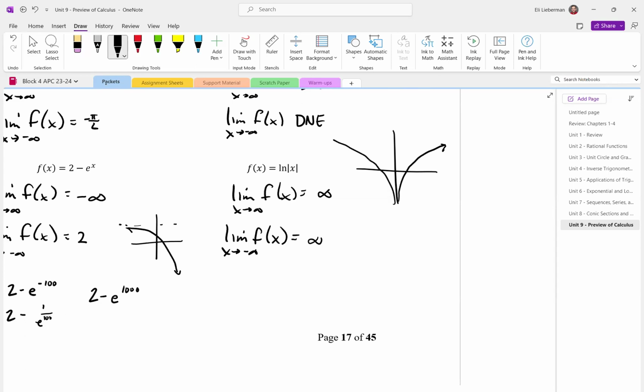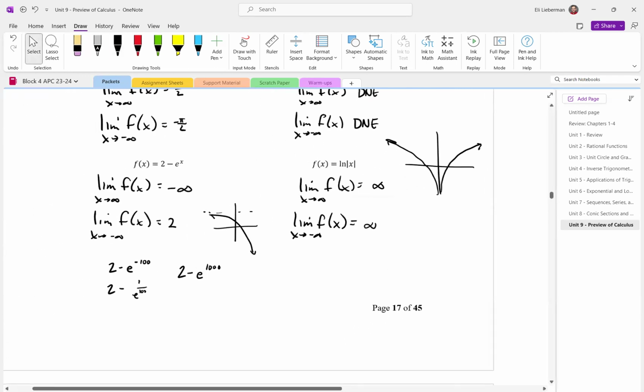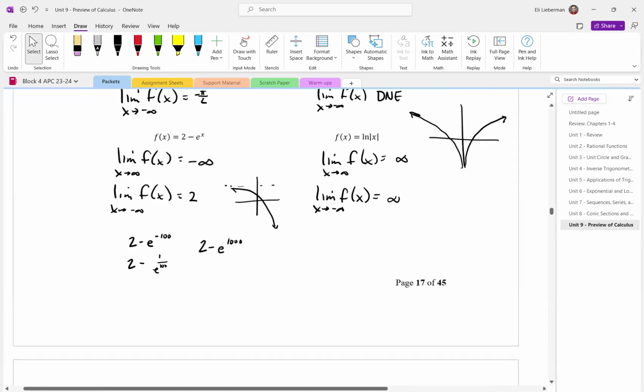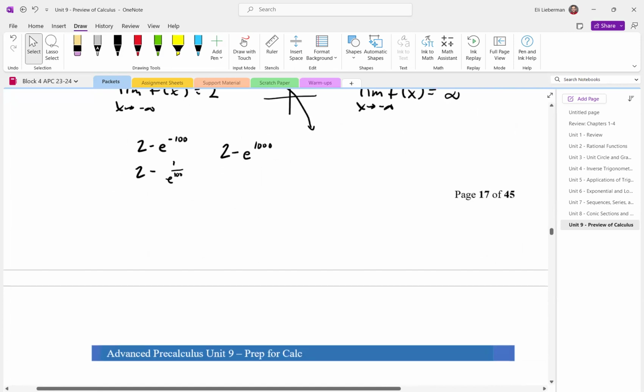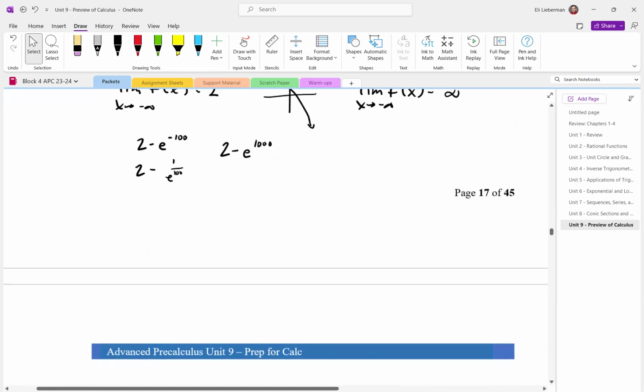So the input is positive. Because otherwise you can't plug negative numbers into ln functions. Who does that? No one here. Easy. Different levels of easy. Any questions? Okay. Moving on.